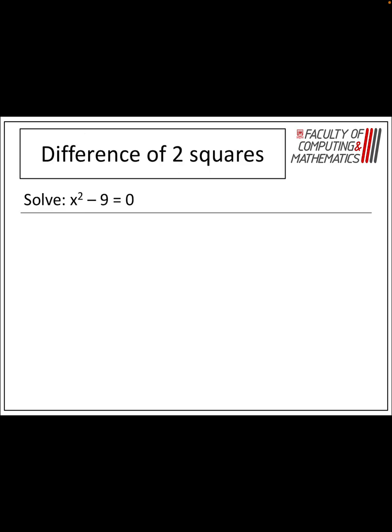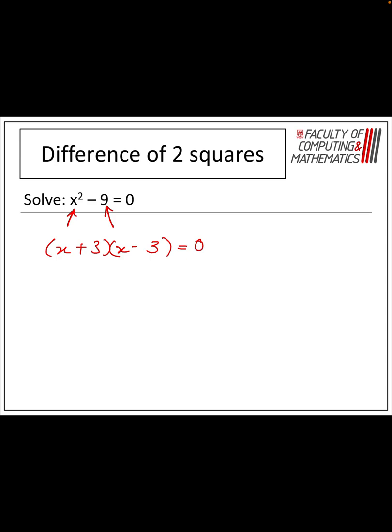Now a different type of factorising is a difference of two squares, because x squared is a squared number. A squared number is something that's times by itself, so x squared, x times x. 9 is a squared number because it's 3 times 3. And the minus in the middle would be your difference. So you would factorise this by opening up two brackets. There's my x squared, there's my 9, and I would have one positive bracket and one negative bracket.